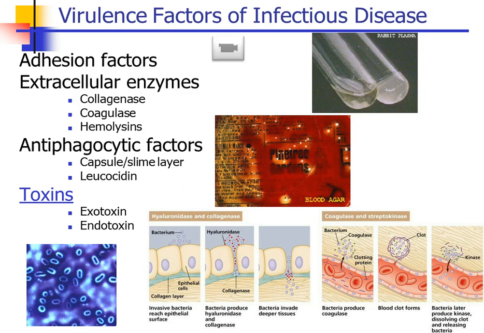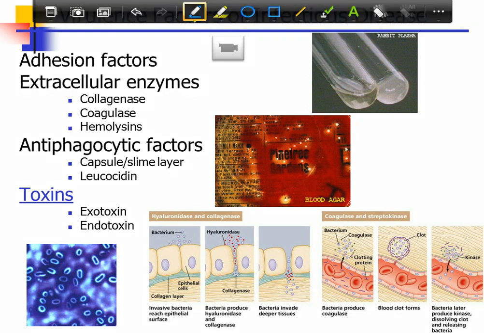Coagulase allows an organism to coagulate or clot blood. Hemolysins allow an organism to hemolyze blood. So here's a look at hemolysis. You're looking at a blood agar plate. That plate is streaked with staphylococci.